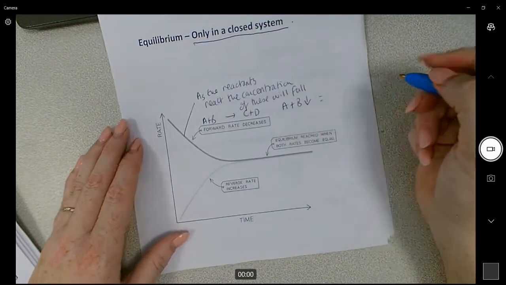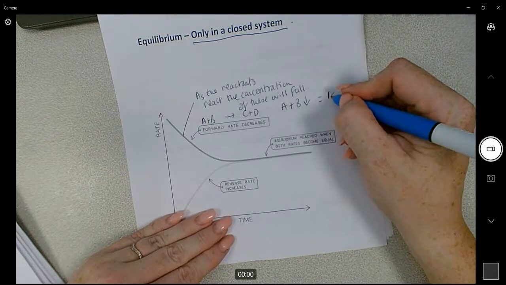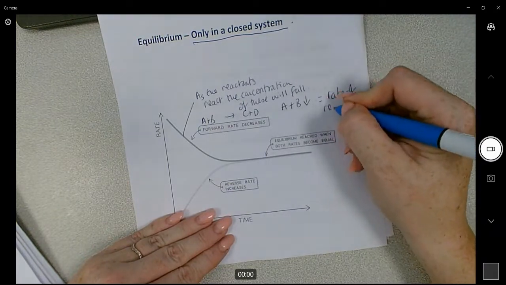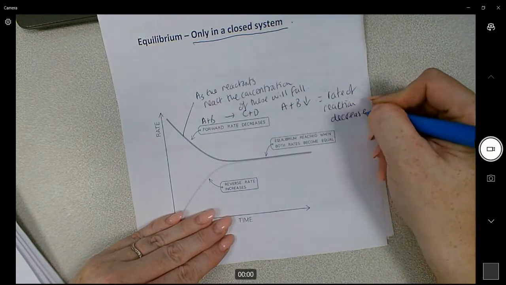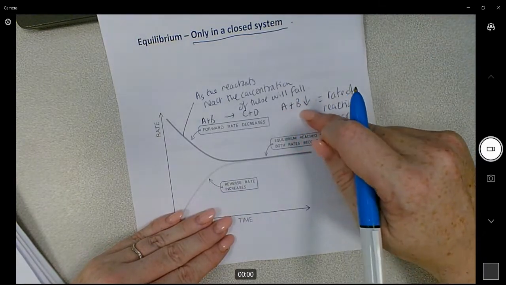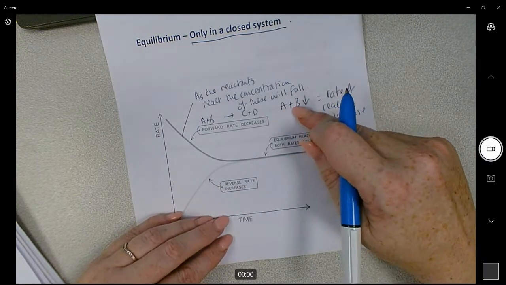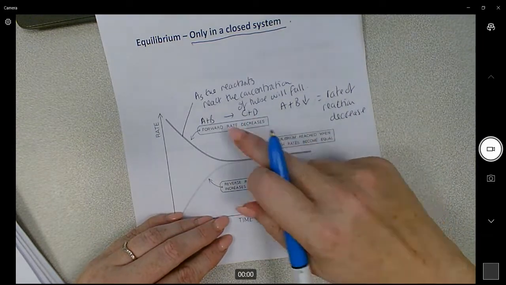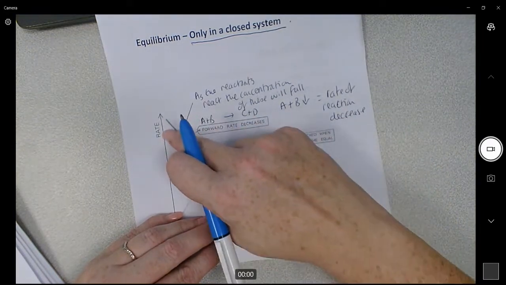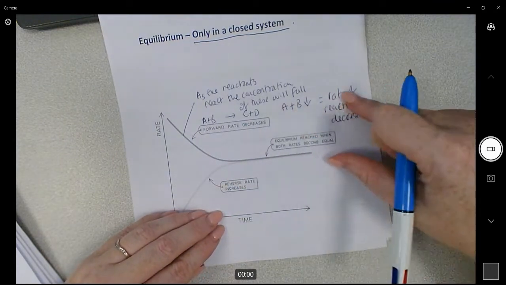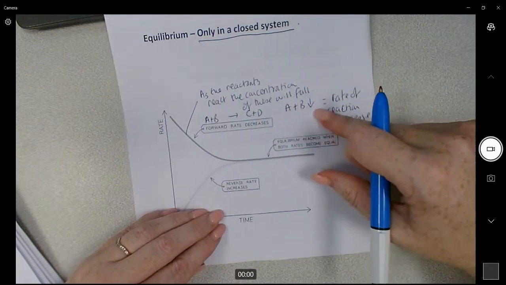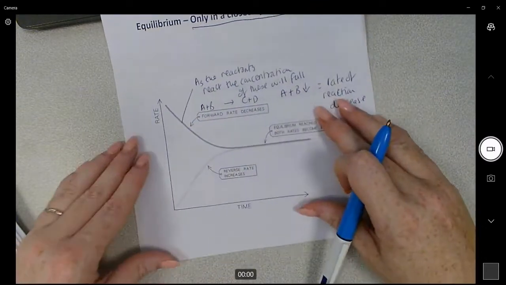And that then means that our overall rate of reaction will decrease. And that's because we've got less amounts of A plus B, because they're reacting together to make C plus D. Okay, so that's why that line there shows clearly that the amount of A and B is decreasing, and therefore the rate will decrease. Okay, so that's why that line's going down.